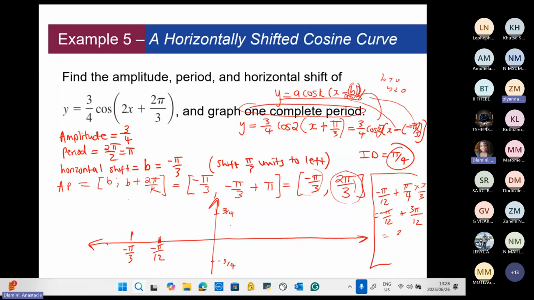Do you see that? 2 pi over 12 is the same as pi over 6, meaning we are on the other side.